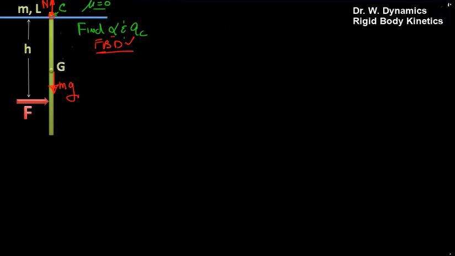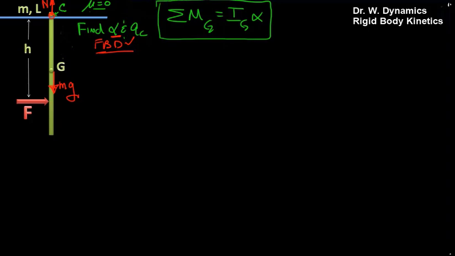So to go after alpha, we can certainly try the sum of the moments about G is equal to I_G alpha. That's one of our nice shortcut equations, and we know this one's always valid. It's important to identify a direction for this alpha, so I'm going to say that this will be a positive rotational direction.